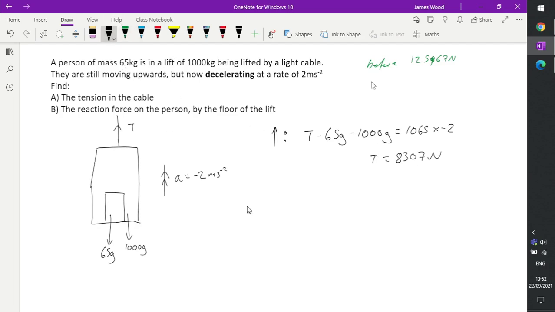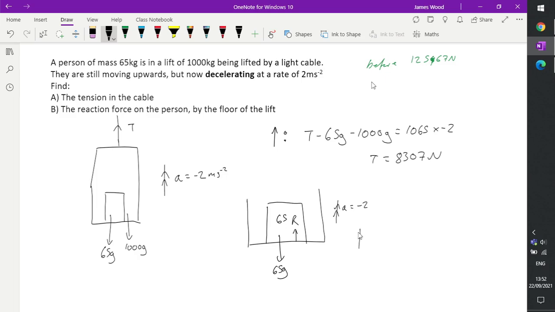If we now think about the force on the person inside this lift, so again I'm going to zoom in on the person inside the lift. So they've got a force downwards with their weight, 65G, and there's a force upwards from the floor, which we're just going to label R. They're moving upwards, but acceleration is down because it's decelerating, so it's minus 2.